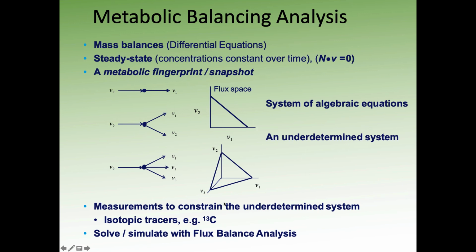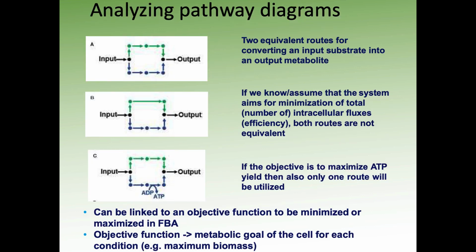We can start to generate what we think would be this particular space where we would find a metabolic fingerprint or indicator of what's going on in this system. And then we can try to solve this problem and figure out what evidence we have to support these different types of modeling outcomes using something known as a flux balance analysis.